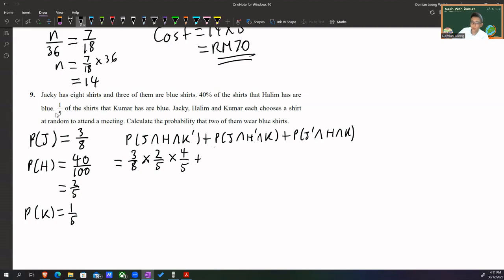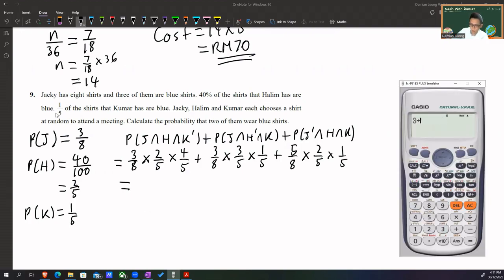Jackie wears blue shirt 3 over 8, Halim doesn't: 1 minus 2 over 5, so 3 over 5, Kumar wears blue shirt 1 over 5. Jackie doesn't get a blue shirt: 1 minus 3 over 8, 5 over 8. Halim wears blue shirt 2 over 5, Kumar wears blue shirt 1 over 5.